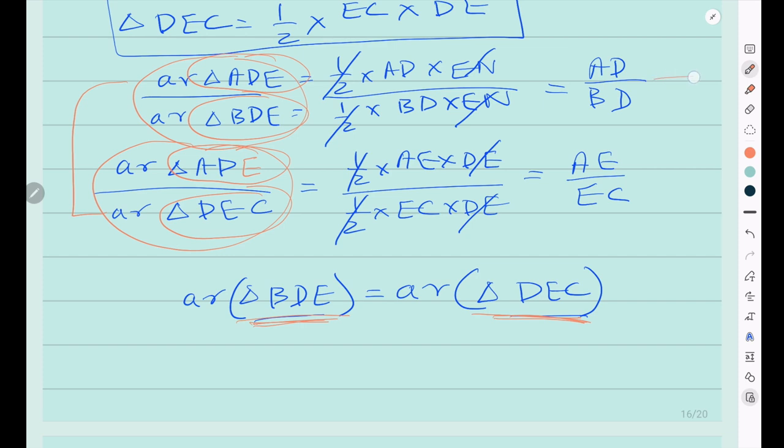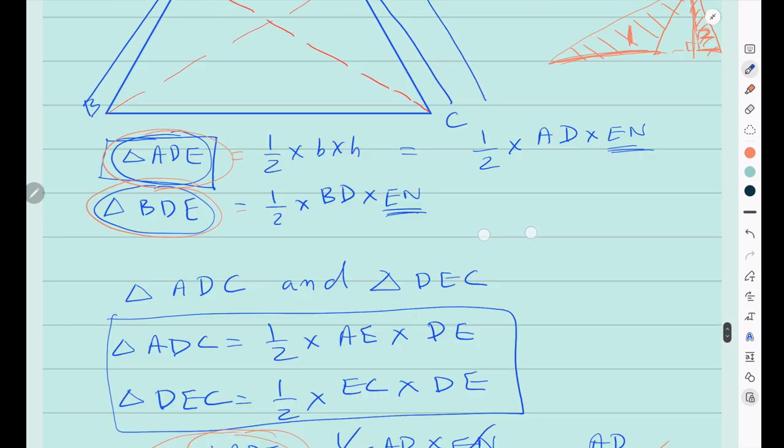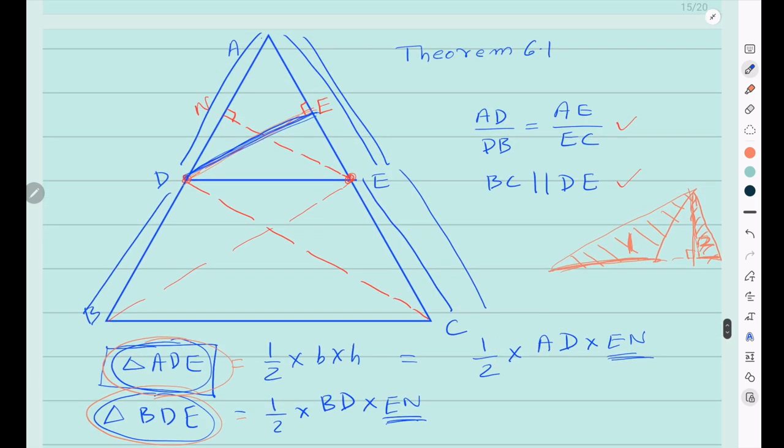And if they are the same, then this also has to be the same, isn't it? So this is how we proved that the ratio of two sides, if cut by a line parallel to the base, are the same.